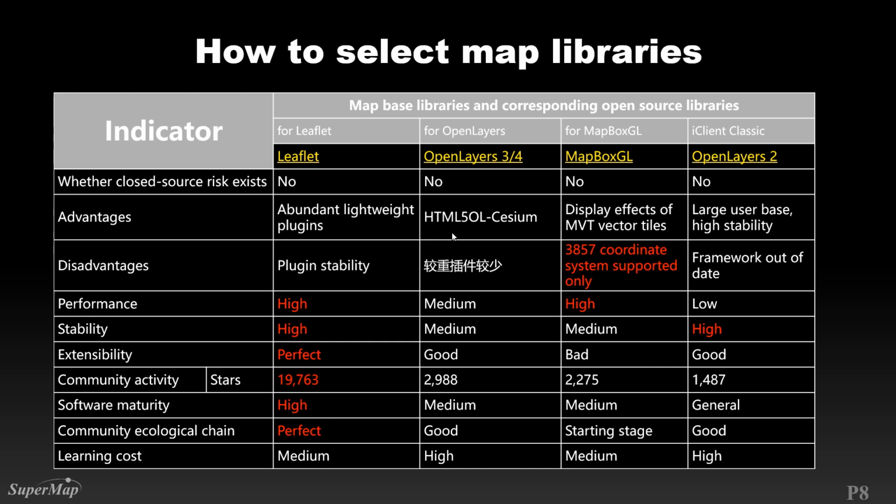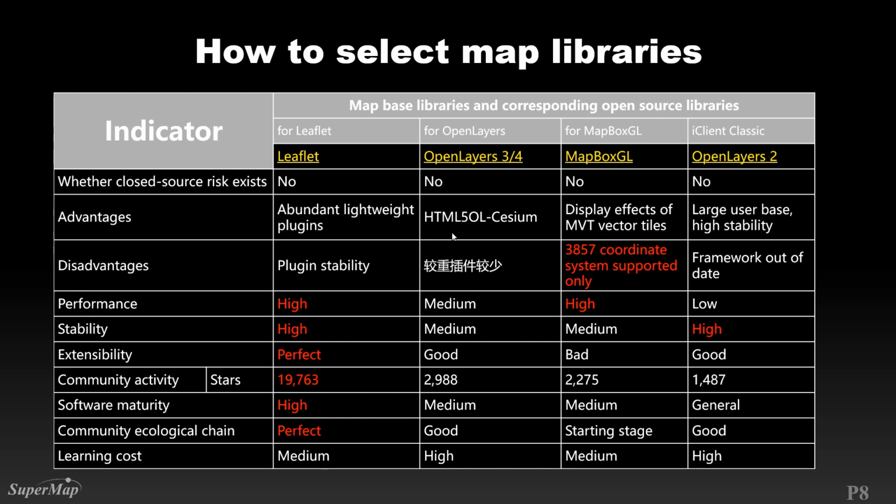Abundant samples have been accumulated and the product is now very stable after optimization for several versions. Though a certain user base has been accumulated, the framework is a little bit out of date and the presentation of the classic JS library for the old iServer is relatively weak.